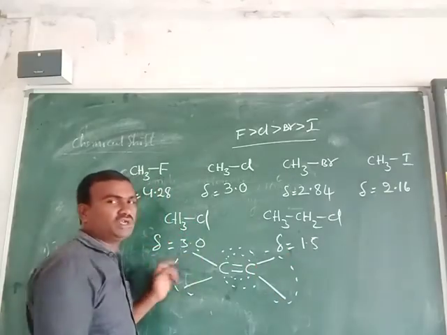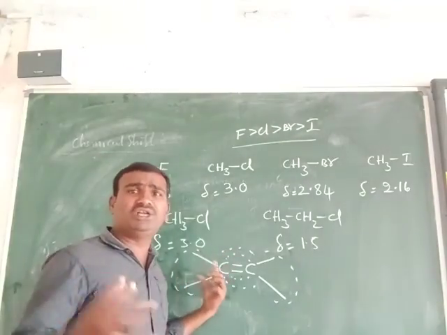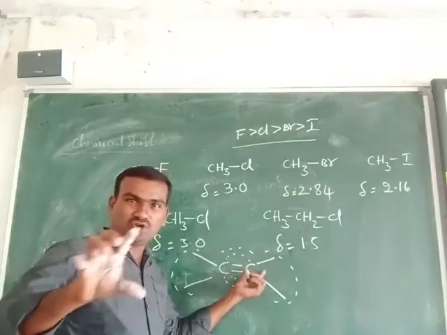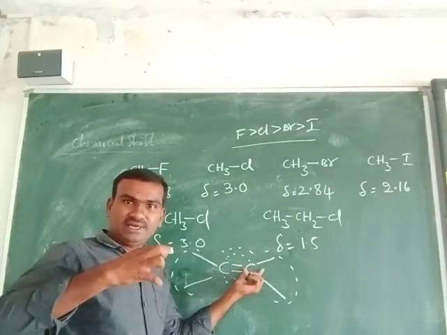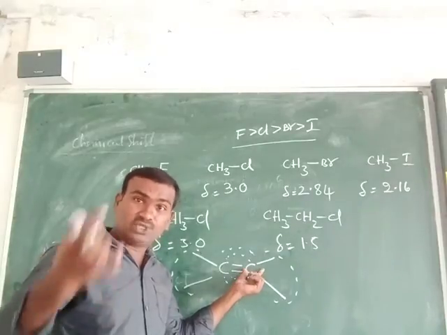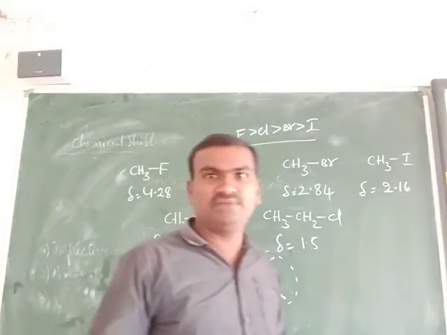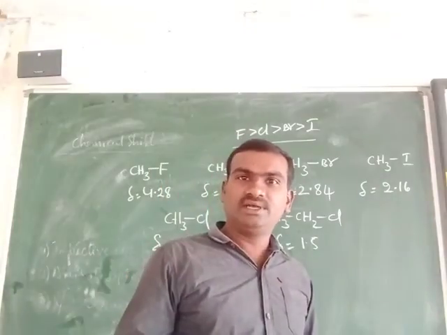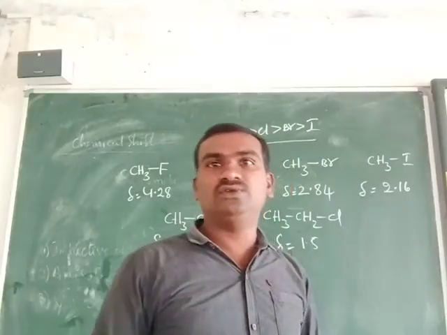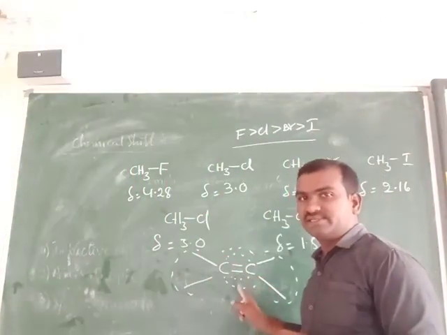This repels the proton. The proton will be deshielded. If the electron cloud repels the proton, the proton may be deshielded. Hence, the chemical shift value increases, like this.